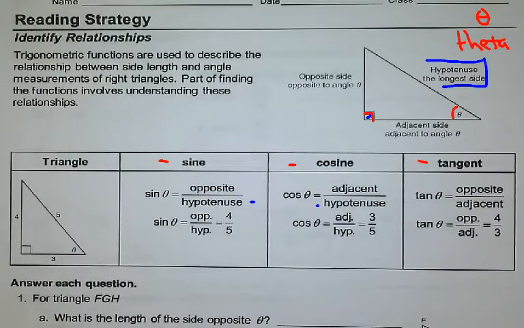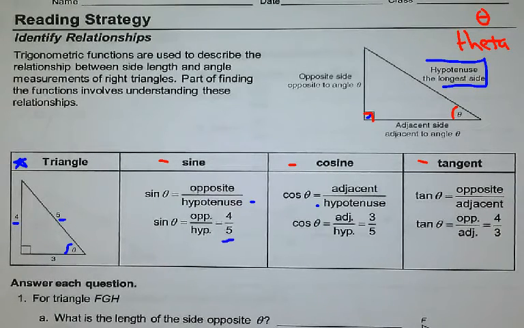If you're looking at this problem right here, then the sine of theta, remember theta is this angle right here, has to be the opposite side divided by the hypotenuse, which is what we have right here.